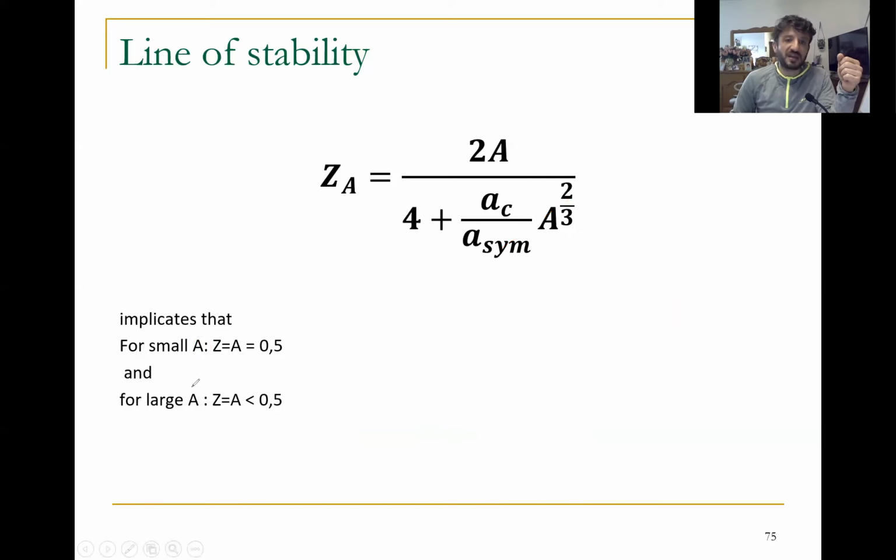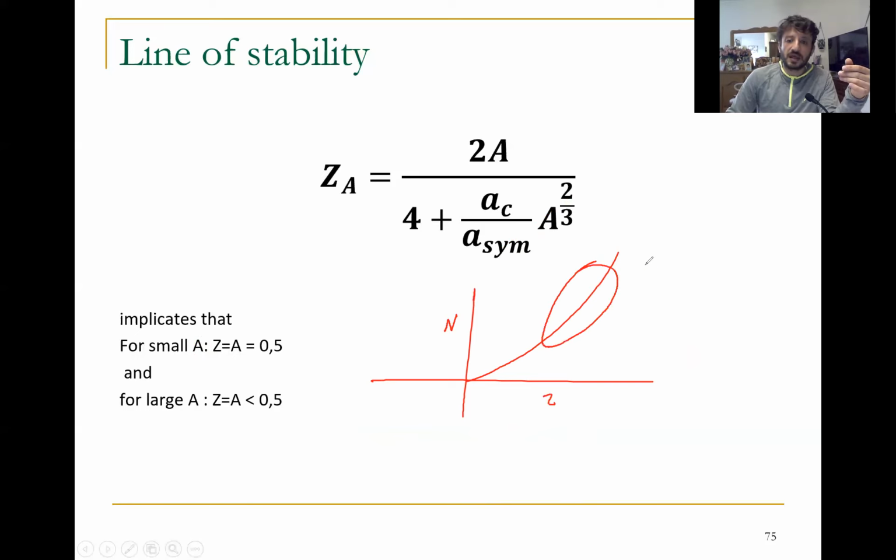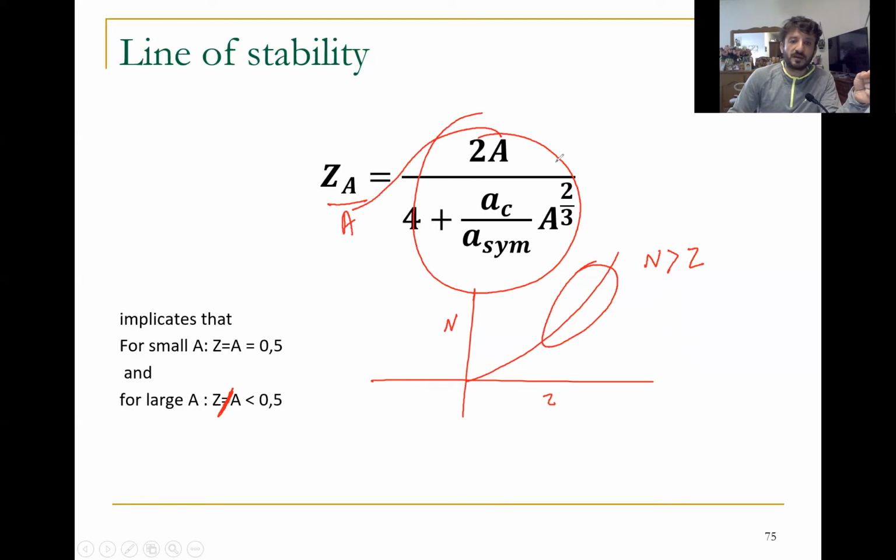So if we have heavy nuclei, in this case, N is slightly greater than Z. Put here Z divided by A. This value is less than 0.5. In this case, we can say Z divided by A less than 0.5.